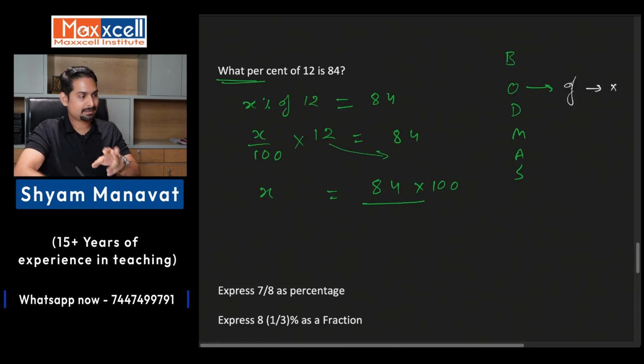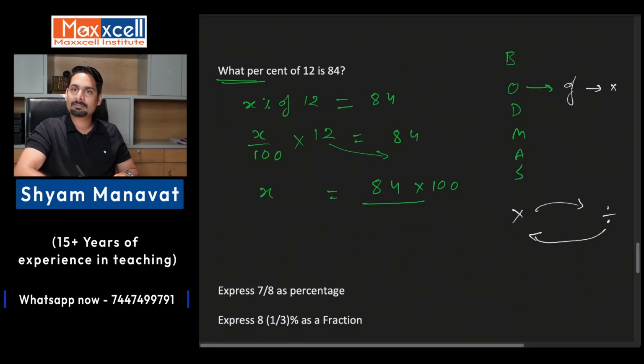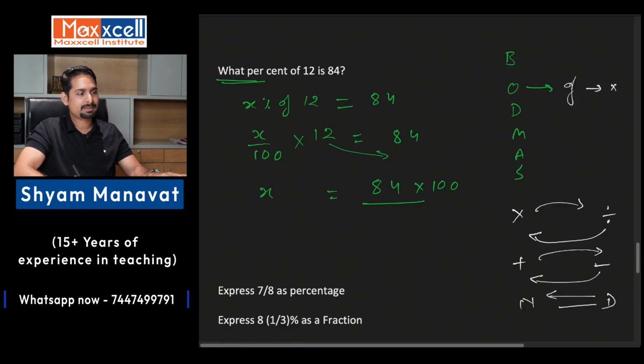Whenever we change the side for a number or variable, addition becomes subtraction and subtraction becomes addition. Numerator will become denominator and denominator will become numerator. Okay, keep this in mind.